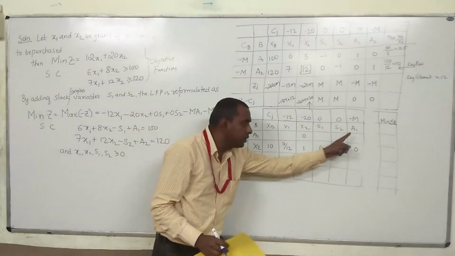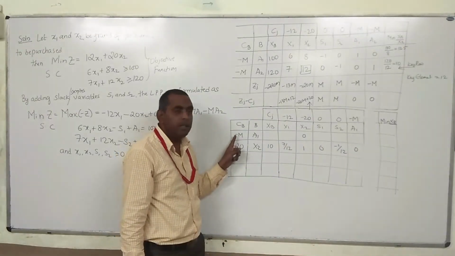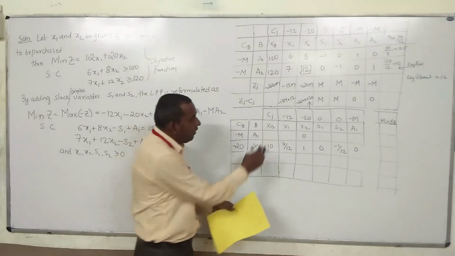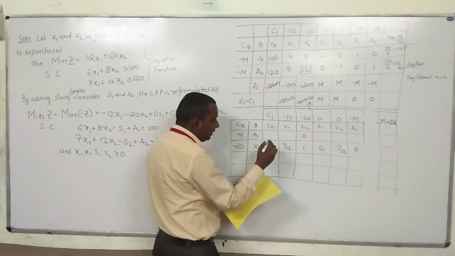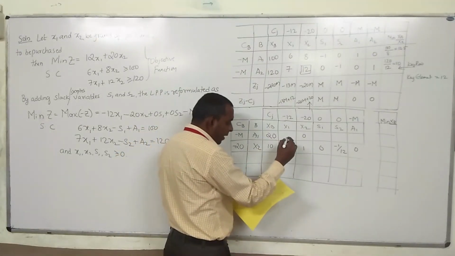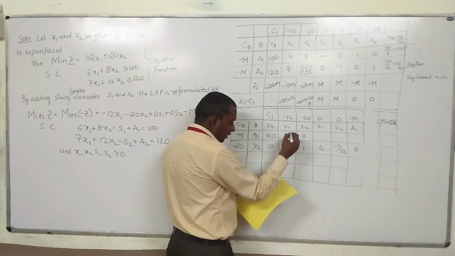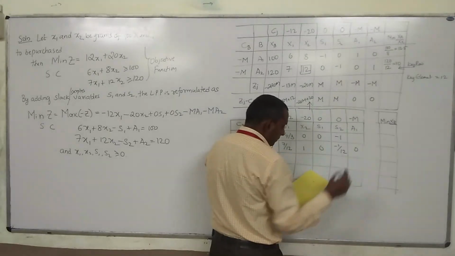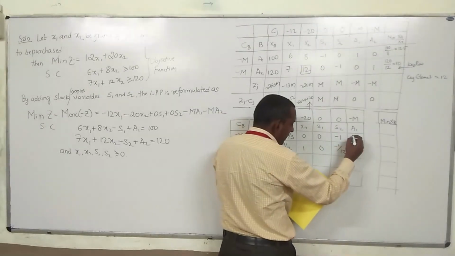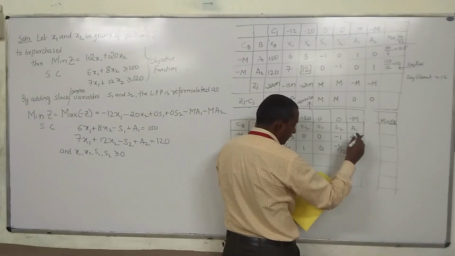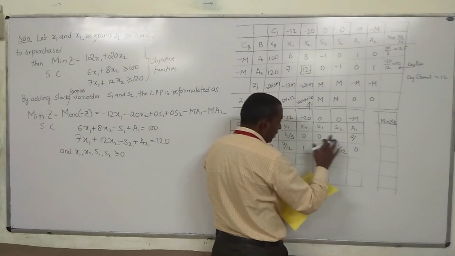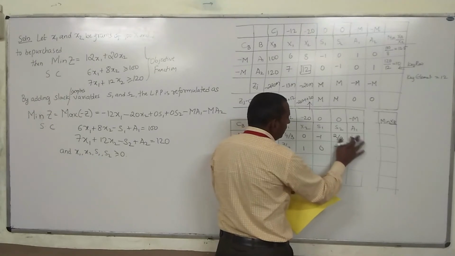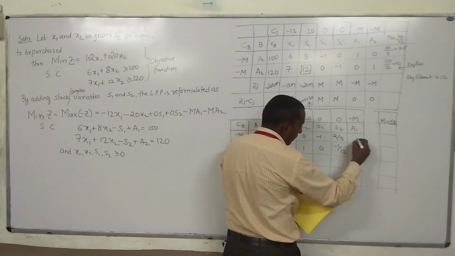And the values of these are 20, followed by 4 by 3, then 0, minus 1, then 2 by 3, 0, minus 1, 2 by 3, then A1 is 1.